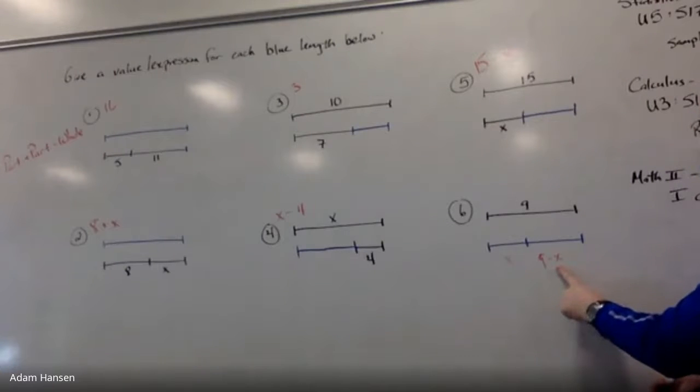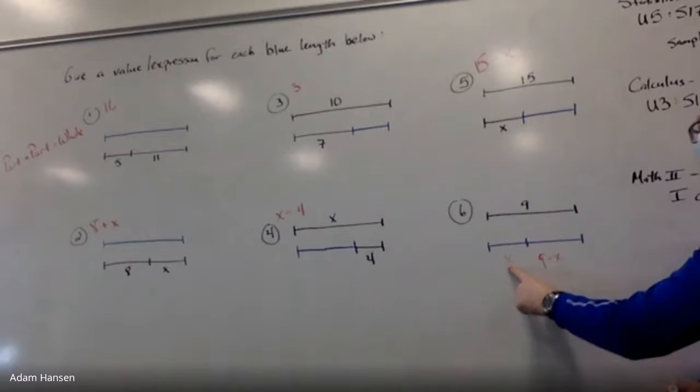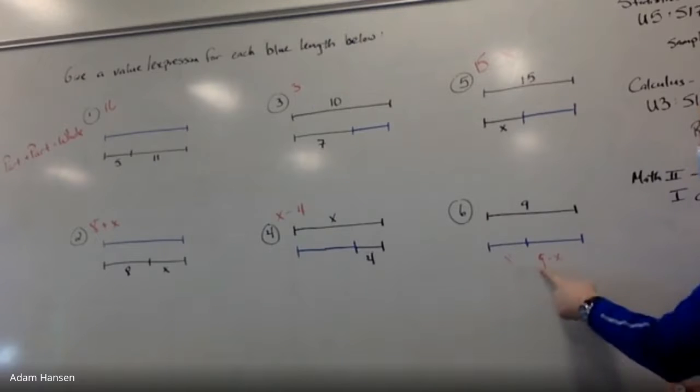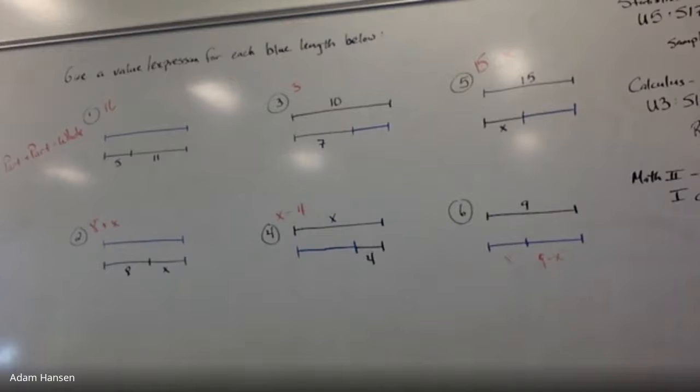What is 9 minus x plus x? 9. The x's cancel out to just make 9. If the whole is given as 9, then the two parts would be x and 9 minus x. We're going to practice some proportional relationships with wholes and parts today, so I thought it'd be good to look at those first.